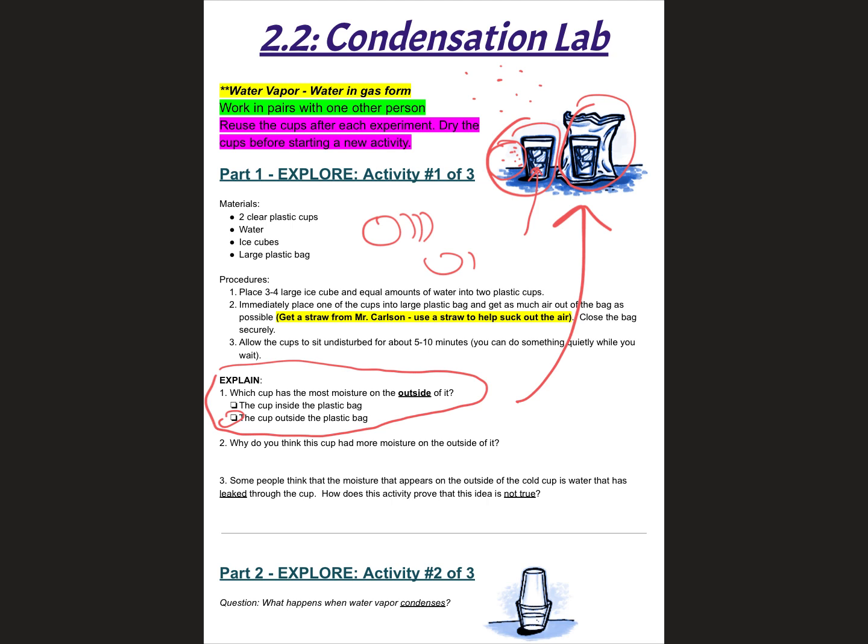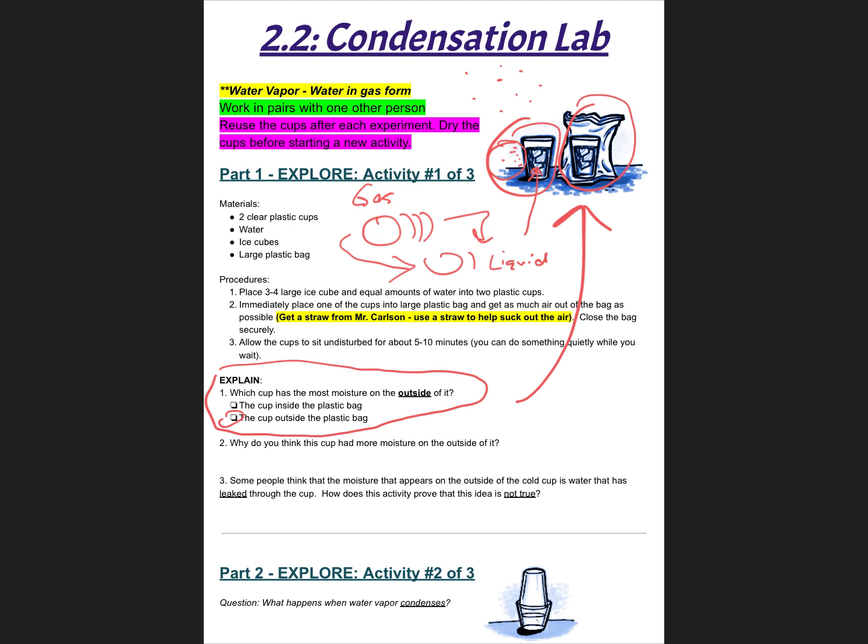And when particles slow down, you have the potential for those to go from a gas to a liquid. Because when you slow something down, that is when you have a state change happening.